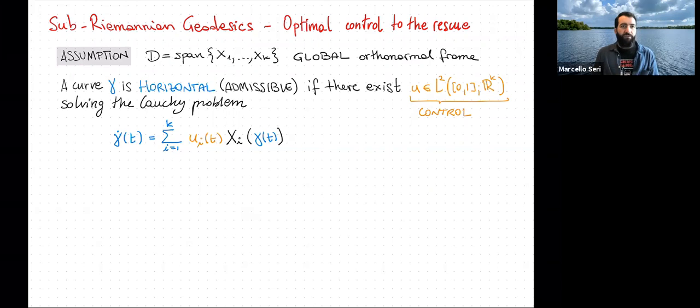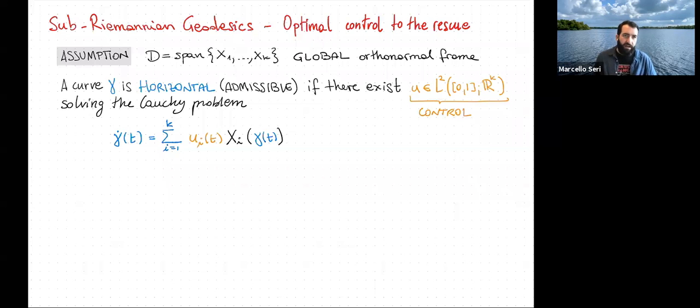If you take your curve and write what it means that its derivatives live in the distribution, so that the tangent vectors are in the distribution, essentially you're saying that pointwise, your curve's velocity is a linear combination of vectors in the distribution. So for each t, this is a linear combination of vectors in the distribution.